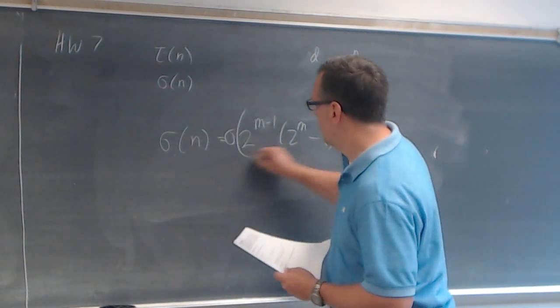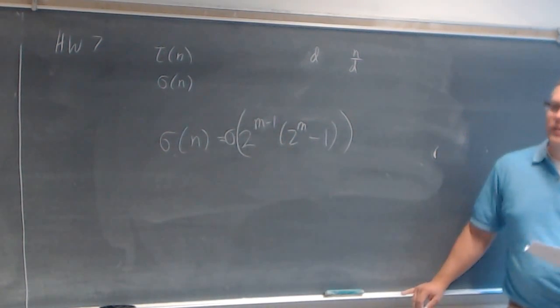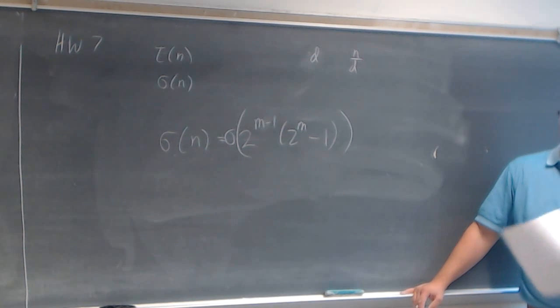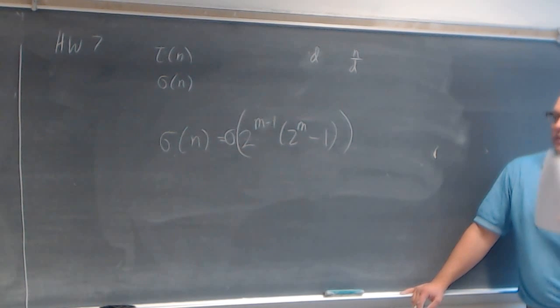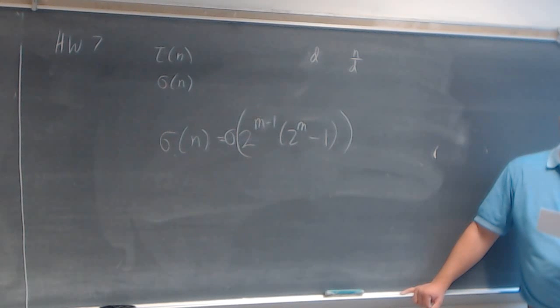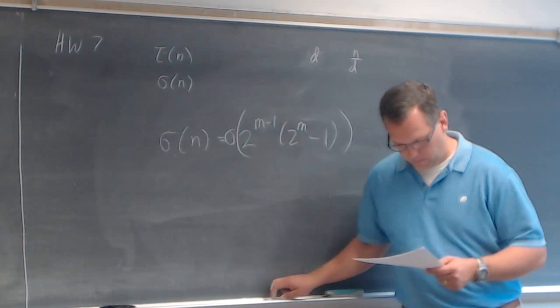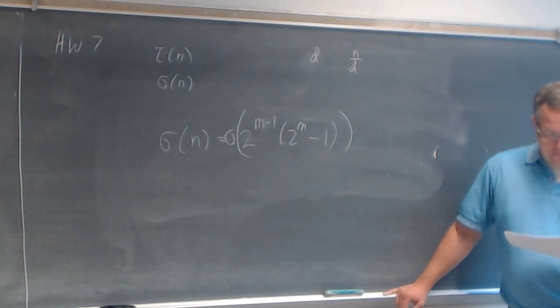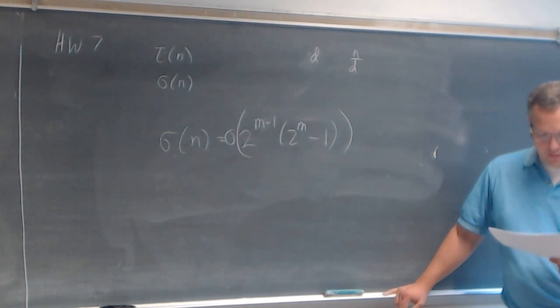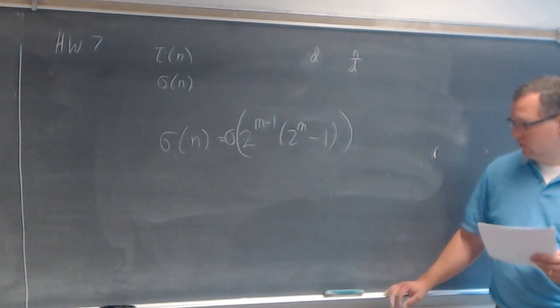So I'm just saying, plug that formula in for n, and then play around with the formula for sigma. You just have to show that that's bigger than 2n. That's number 5.